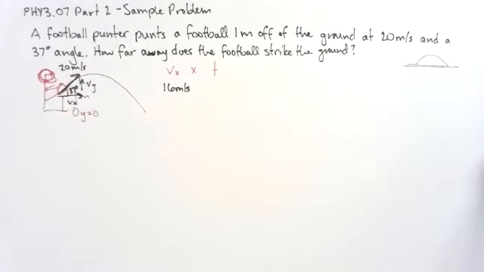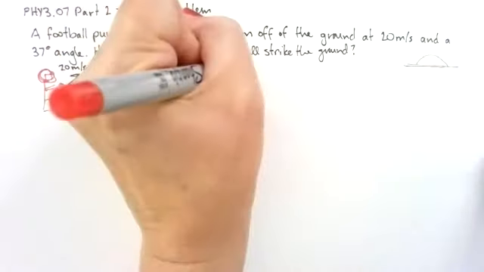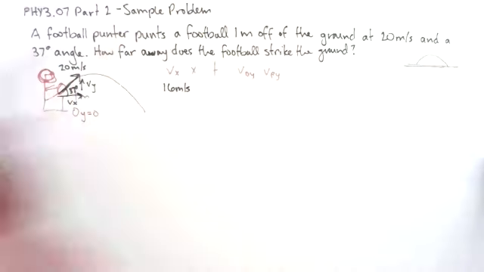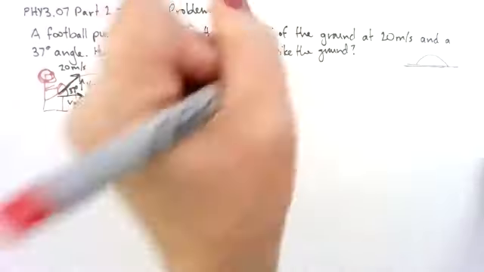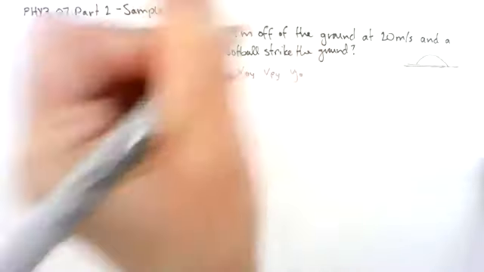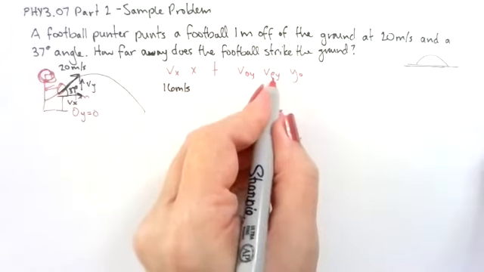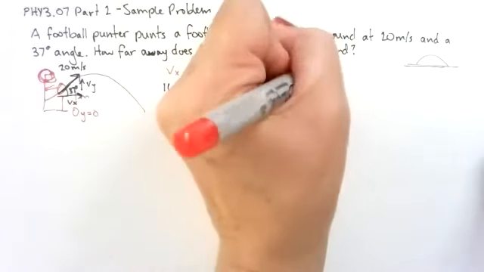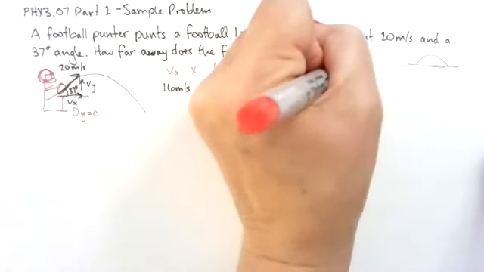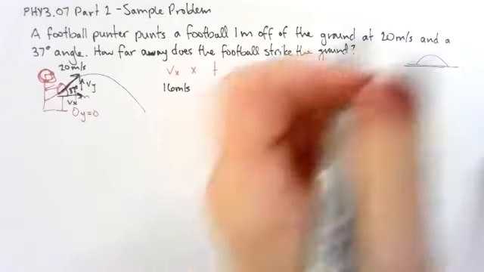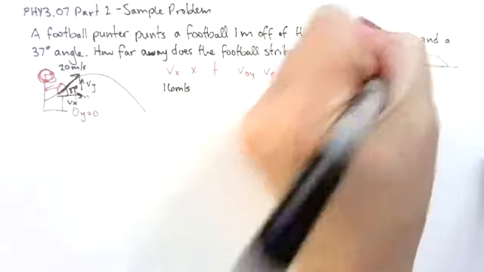And I go into my vertical variables. Remember, they live separate lives. I've got an initial y velocity, a final y velocity, an initial y position, a final y position, acceleration and time, and as always, let's say I'm using a standard coordinate system.